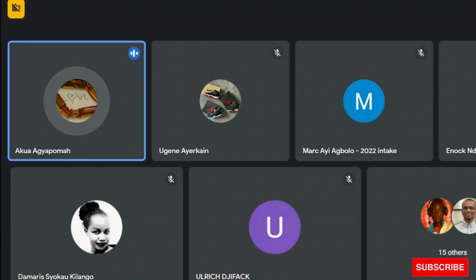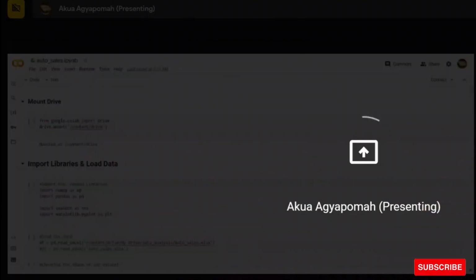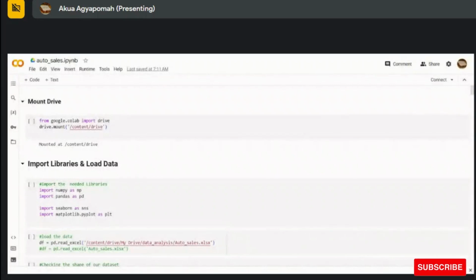So now we will move on to the steps involved in creating a data visualization. Okay, so now the steps.